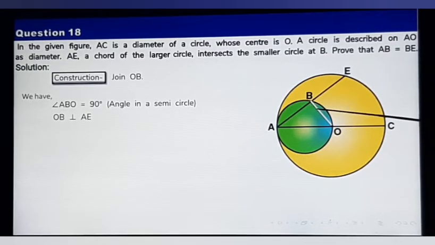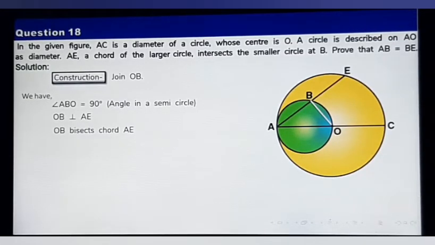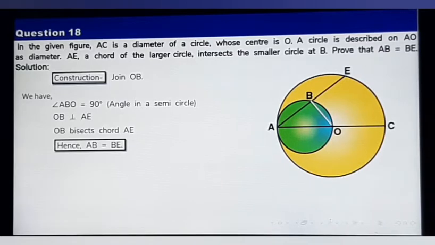That means the chord gets bisected, so OB bisects chord AE. That means AB will be equal to BE. So we have proved this.